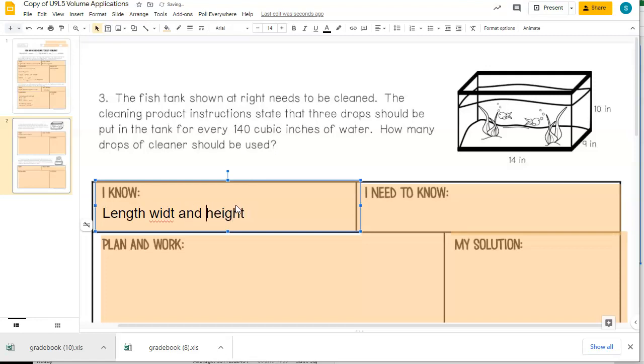And I also know the rate that I need: 3 drops per 140 cubic inches. All right.